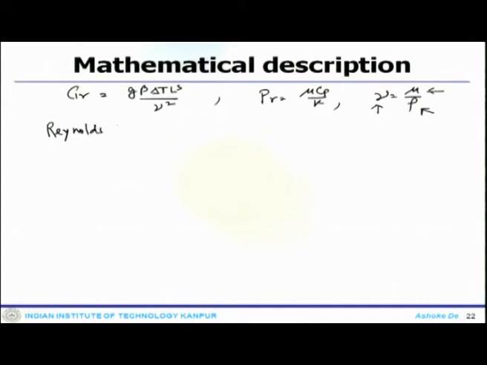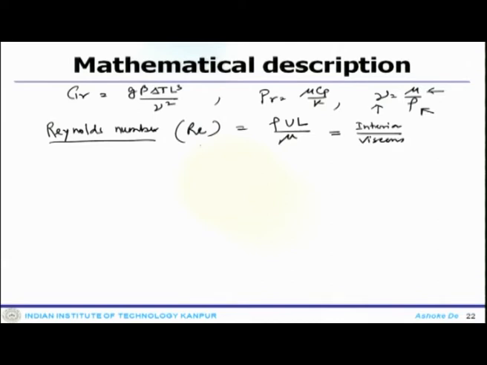Reynolds number is typically represented as Re, which is rho u L by mu. Essentially, this is a ratio of two forces: the inertia forces to the viscous forces. That actually dictates if the flow is laminar or turbulent, depending on the Reynolds number.